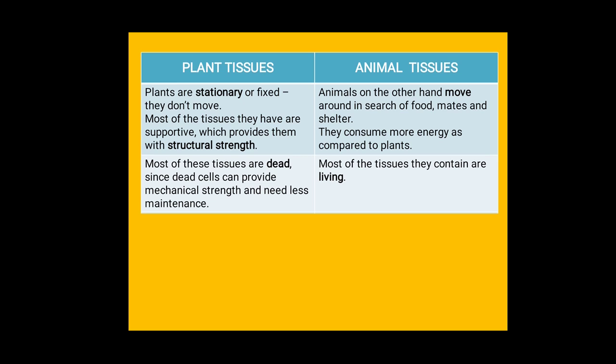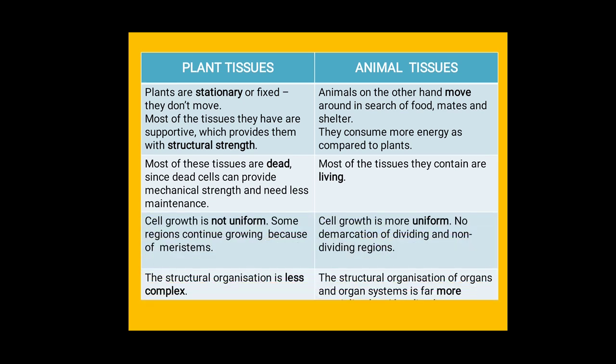Now, this is an interesting difference. In your textbook, right in the beginning, is the difference between plant tissues and animal tissues. But I thought after completing the chapter, we should do the difference so that it is more clear to you. Now, plants are stationary. They don't show movement.